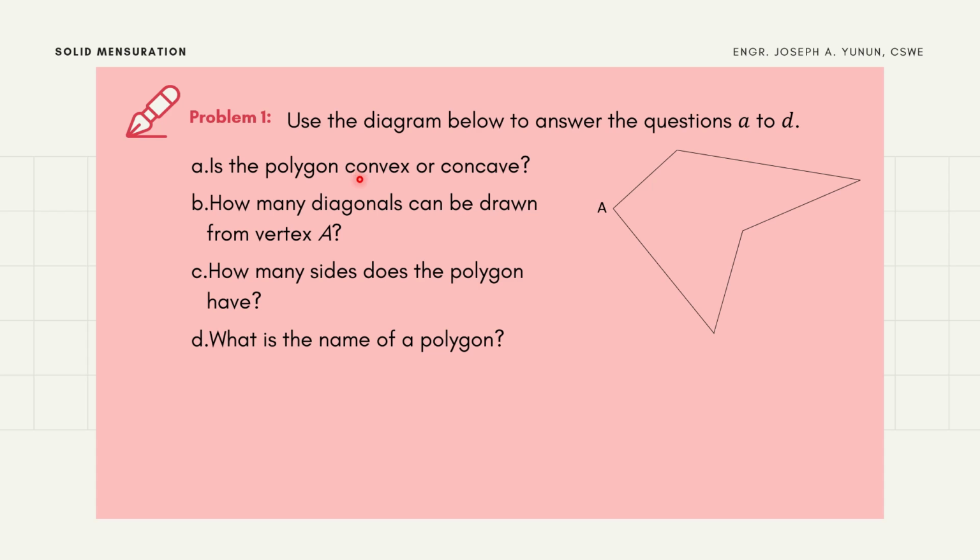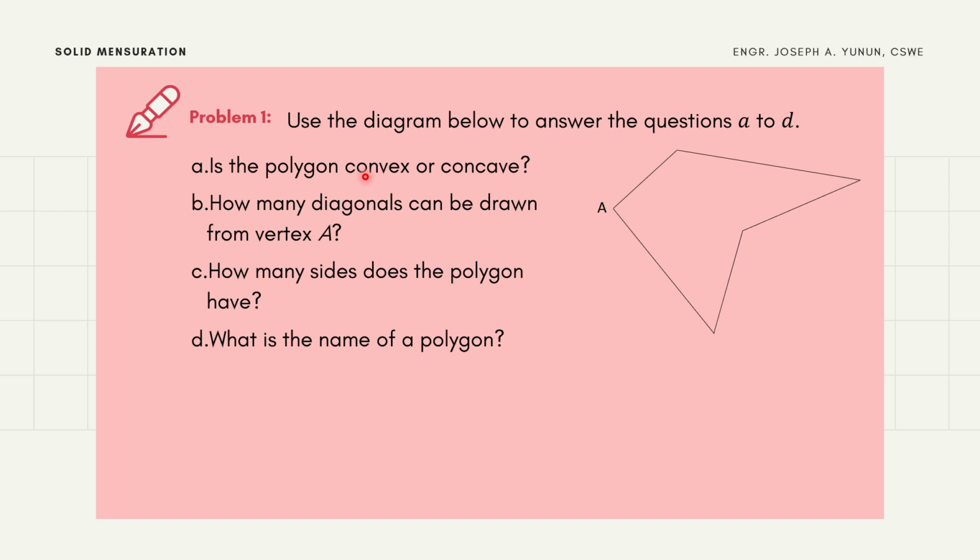Probably you should be familiar by now with the definitions of convex and concave. When we say convex, the interior angles should be less than 180 degrees, while for concave, at least one of the interior angles is more than 180 degrees.